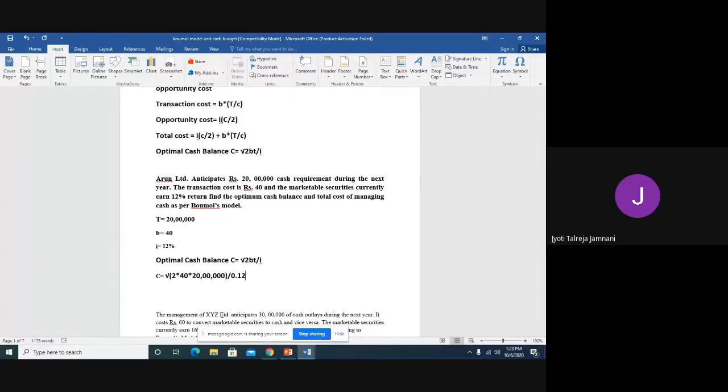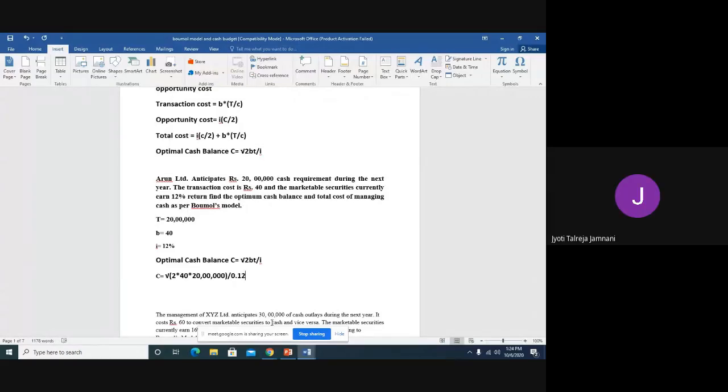Is anybody doing it? Ma'am, 2 into 40 into 20 lakh is 16 crore. Divided by 0.12, you do. 133 crore, 33 lakh, 33,333.33.